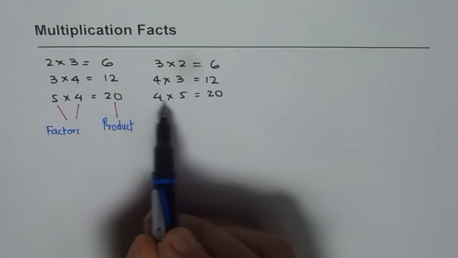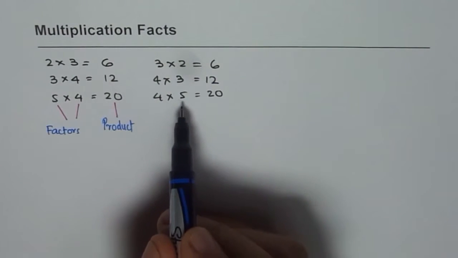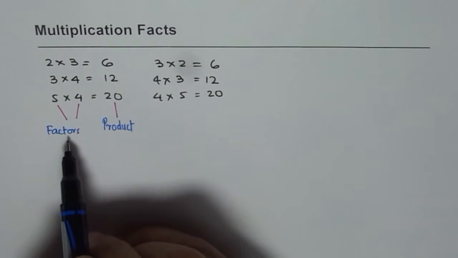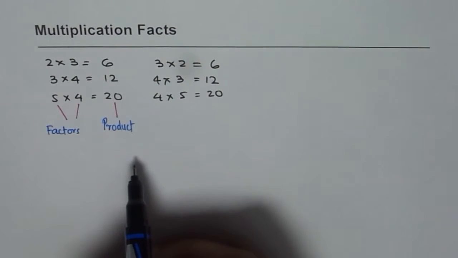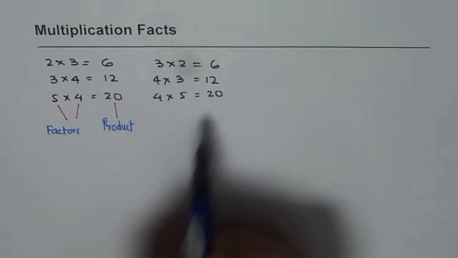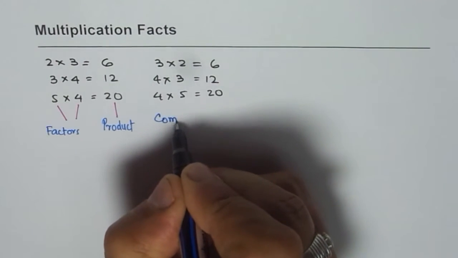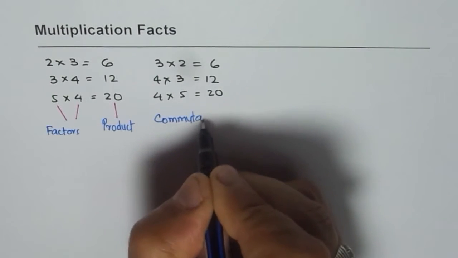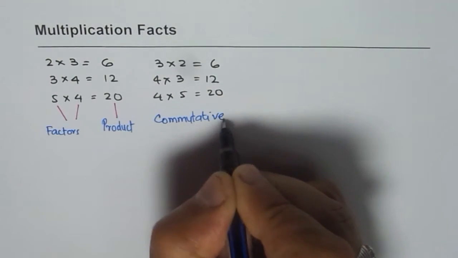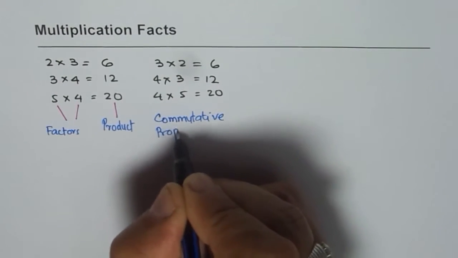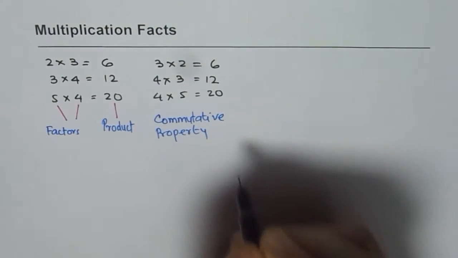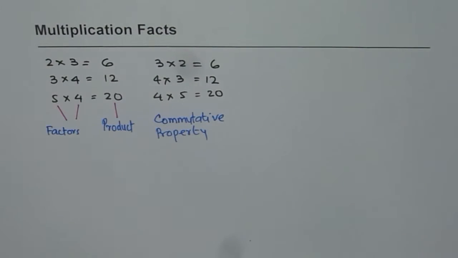These factors can be multiplied in any order. For the factors, order is not important. You get the same product. We call this the commutative property of multiplication, right? So that is the commutative property of multiplication.